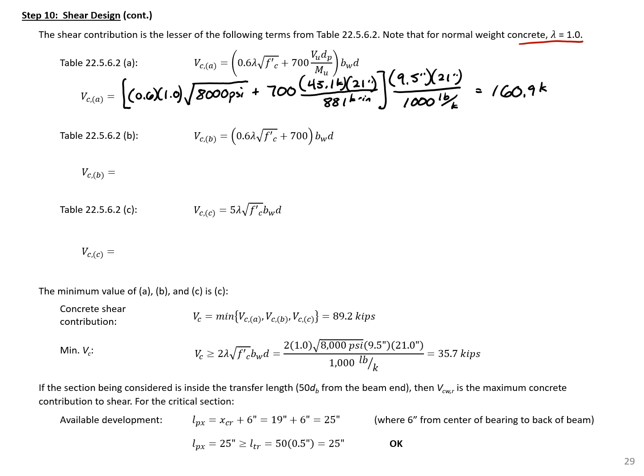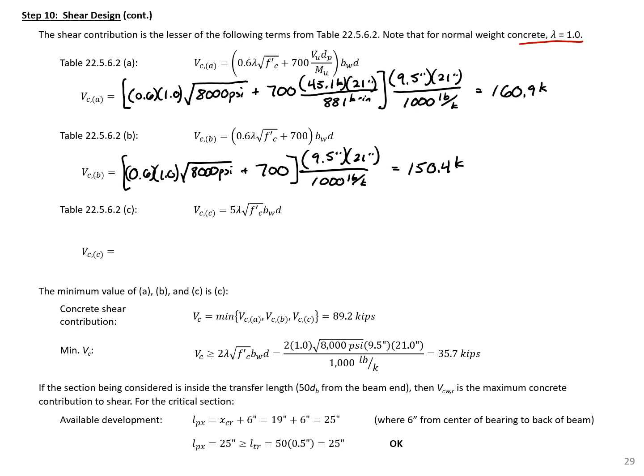Our second equation will have 0.6 times 1.0 times the square root of 8,000 psi plus 700, and then again times 9.5 times 21 divided by 1,000 pounds per kip. So we'll get a value here of 150.4 kips.